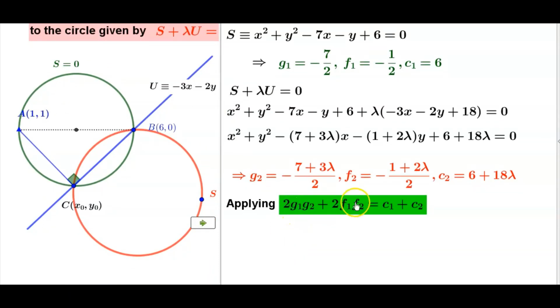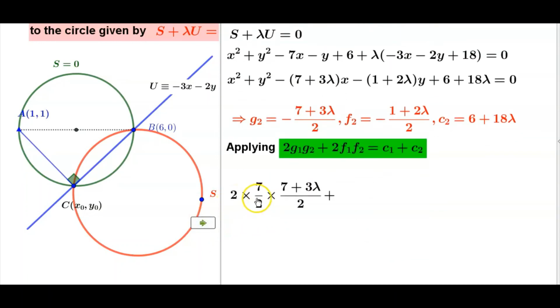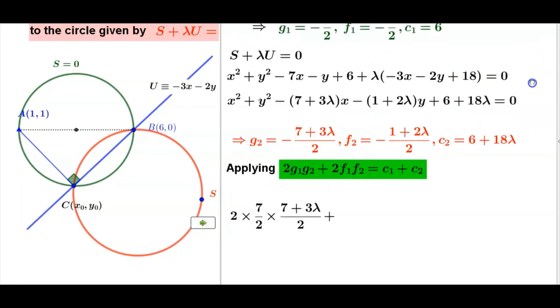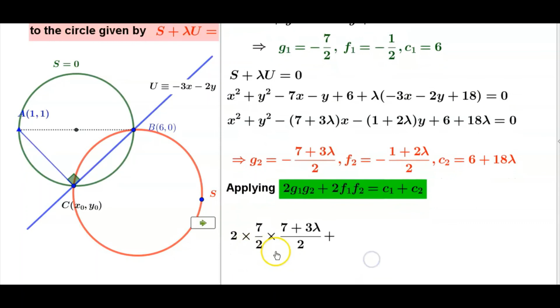So 2g1g2 plus 2f1f2 is equal to c1 plus c2. For g1, minus 7 by 2. For g2, minus (7 plus 3 lambda) by 2, minus into minus plus. Therefore 2 into 7 by 2 into (7 plus 3 lambda) by 2, plus 2f1f2: 2 into f1 minus half and f2 minus (1 plus 2 lambda) by 2, minus into minus plus.